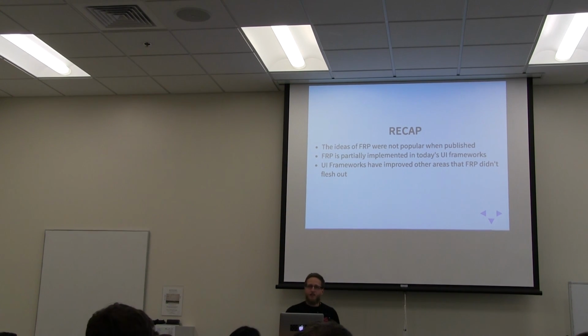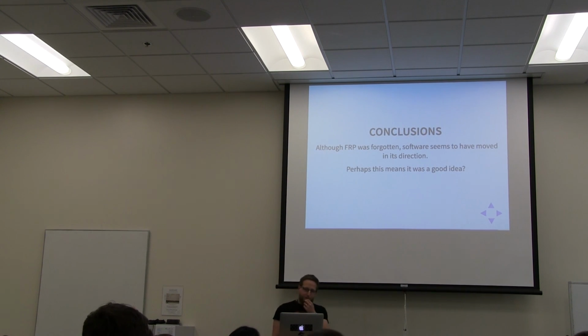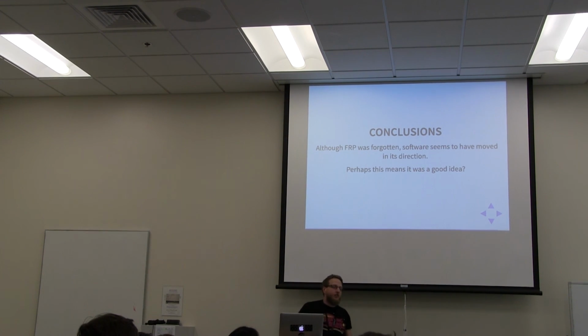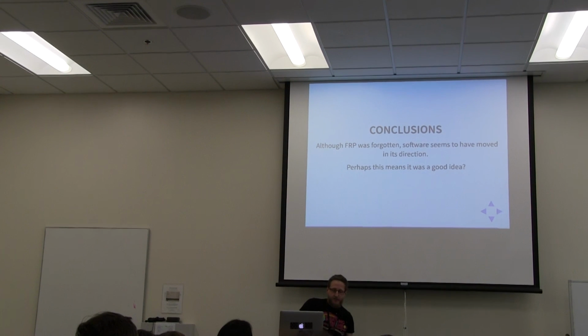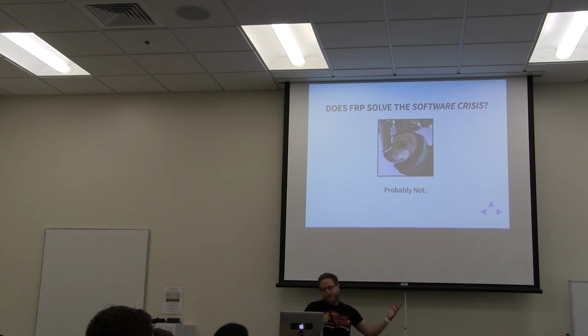It's just simply a direction to move in and to experiment in. Perhaps that means it was a good idea. But the original question, the original reason Marks and Moseley developed FRP, is to solve the software crisis. Probably not. I don't think that any one framework is really going to solve the software crisis.